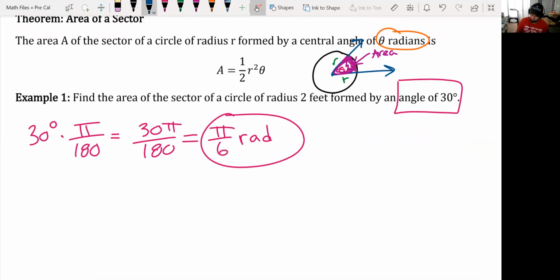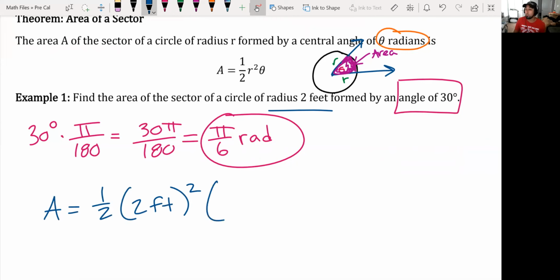So for A, you'll get 1/2 times, and the radius given here is 2 feet. So I'll put 2 feet squared and multiply it by my angle theta, which is pi over 6.